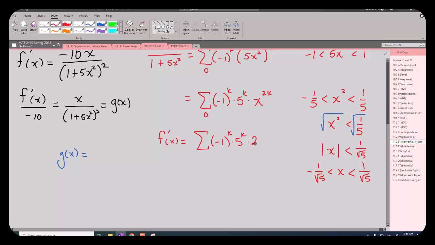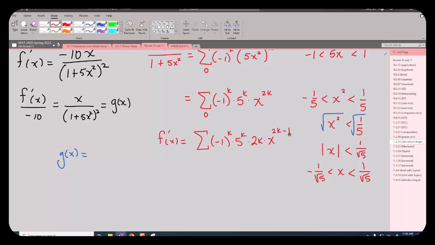And then in here, we're going to have to bring down the power and then subtract 1. And when we take a derivative of a power series, we have to check our index, because our index could change. K equals 0 is going to give us an x to the negative 1, which is not a polynomial. If we start at k equals 1, then we get a 2 minus 1, which is 1.